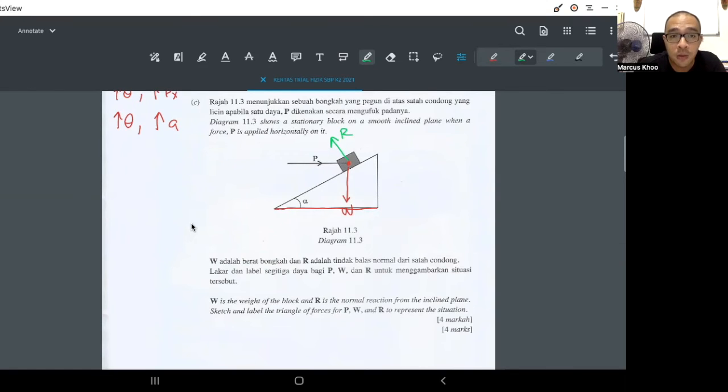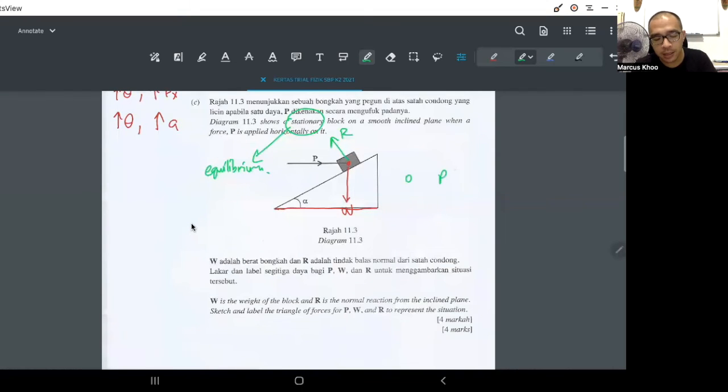Now since this object is stationary, that means it is in equilibrium. Dia berada dalam keseimbangan. And if it is dalam keseimbangan, all you have to do is just draw the triangle where the arrows are following one another. Dia bukan segitiga vektor. Kalau segitiga vektor macam mana?